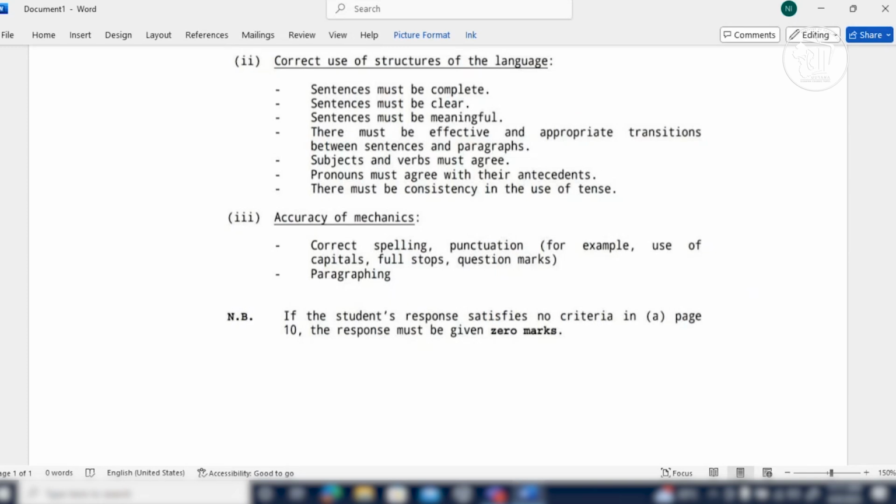You are going to be penalized for shoddy, slipshod work. We must have correct structures. So our sentences must be complete. Our sentence begins with a capital letter, ends with a full stop, and we must have a complete thought there. Our sentences can be long, our sentences can be short.